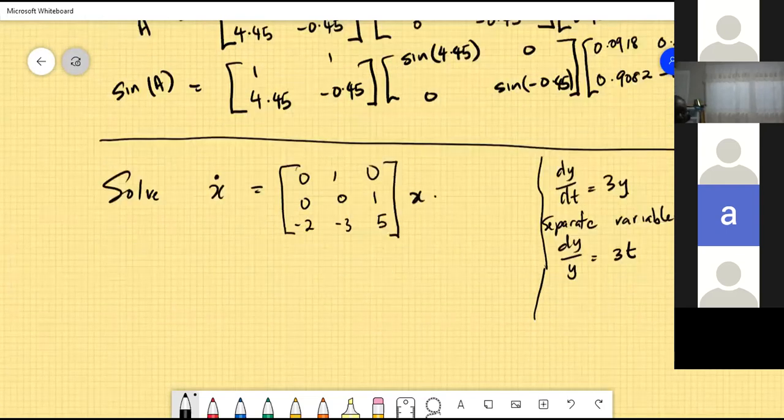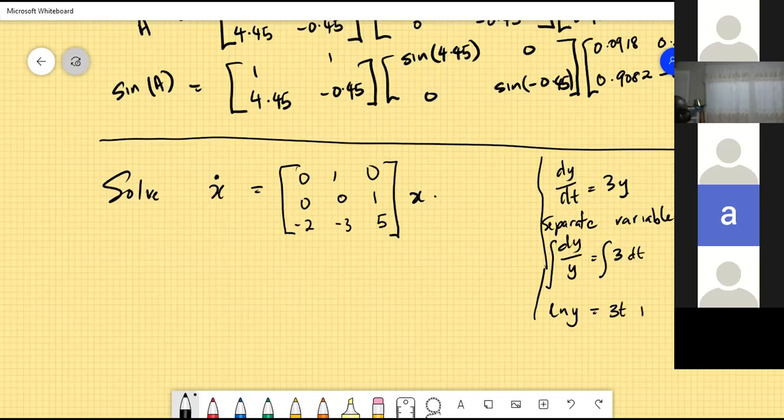So when you integrate both sides, you're going to end up with ln y is equal to, sorry, not 3t, 3dt. So you're going to end up with 3t plus c.